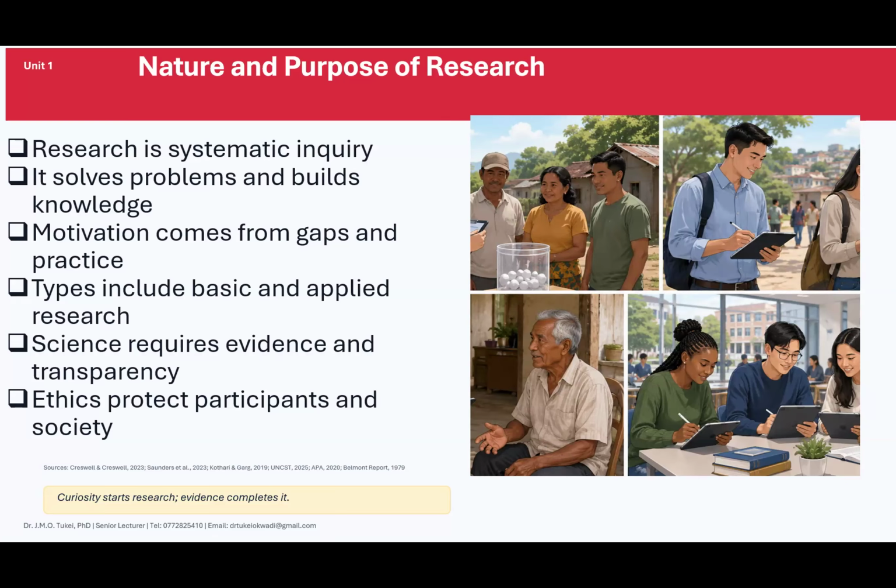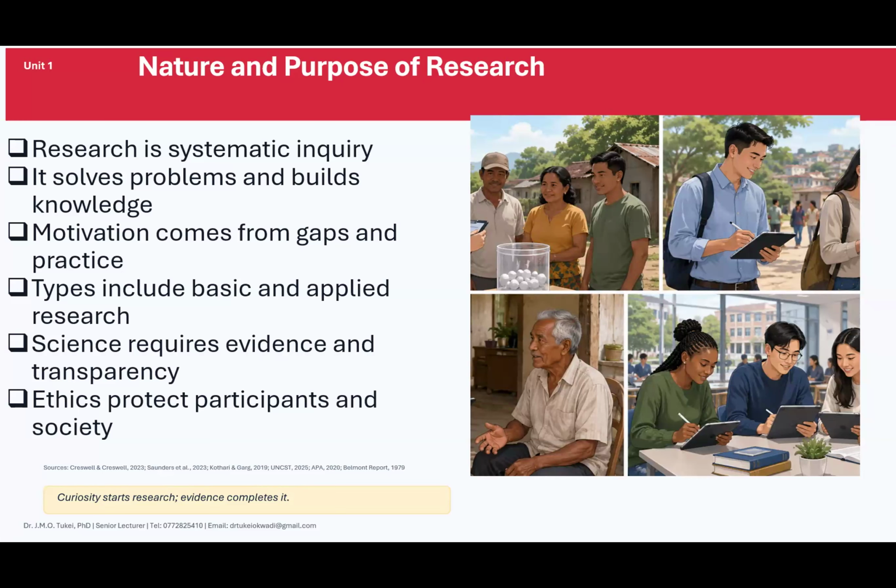Colleagues, therefore, the key message that I wanted to bring out when I ask the question, what's the difference between conducting research and merely collecting information, is that curiosity starts research, but methods, evidence, and ethics make it scientific. I will repeat this.